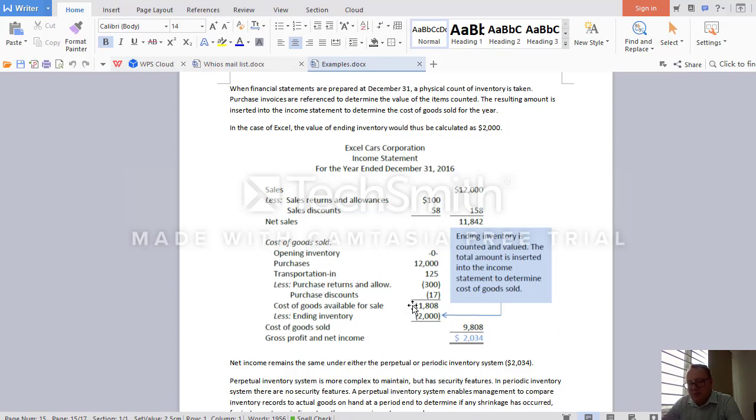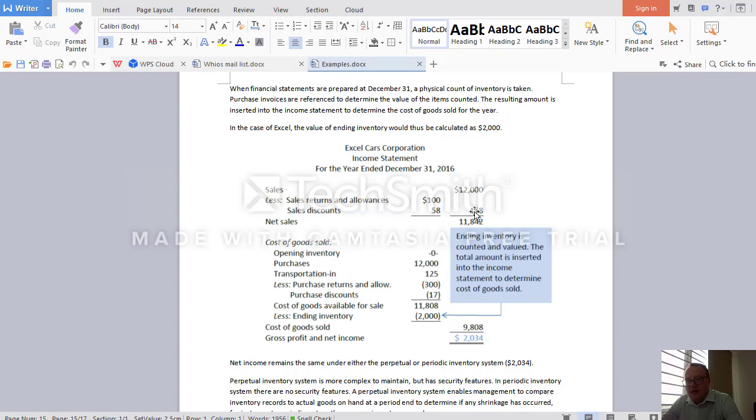and you will get cost of goods available for sale. Then at the last day, at the end of the accounting period, we will count inventory and determine that it is equal to something. In our case, similar to perpetual system, it's 2,000. So we know ending inventory, and knowing cost of goods available for sale and ending inventory, we can find cost of goods sold.